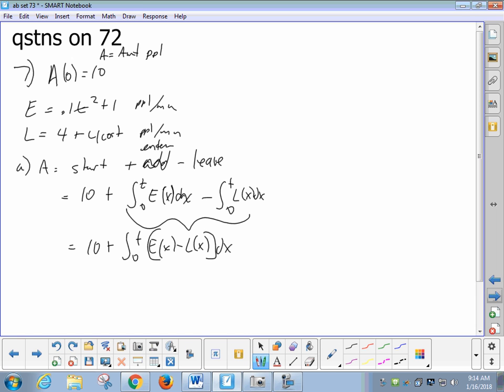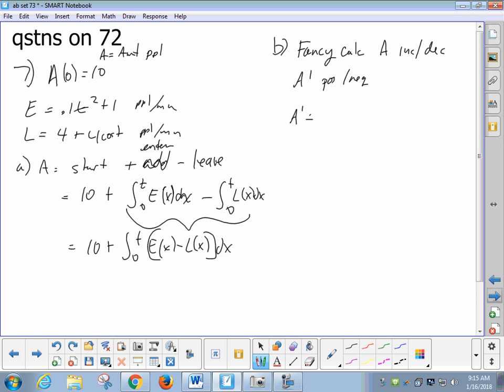Part B: is the number of people in the store increasing or decreasing at time 4? There are two ways to look at this. From a calculus point of view, you want to know if the amount is increasing or decreasing, and by the book, that means is A prime positive or negative? A prime would be the derivative. The derivative of 10 is gone.